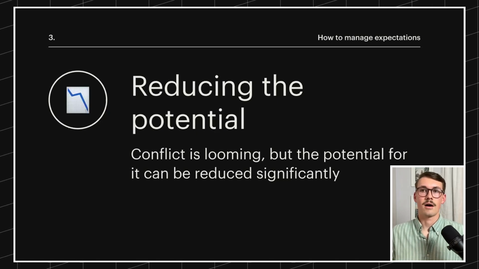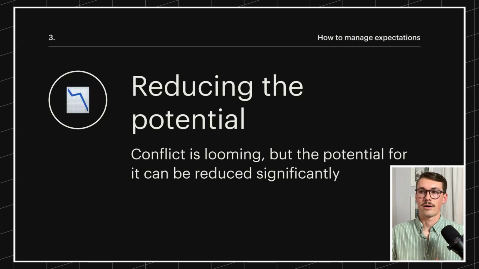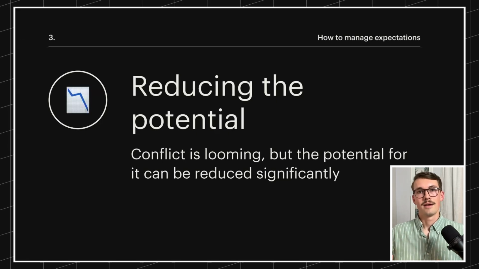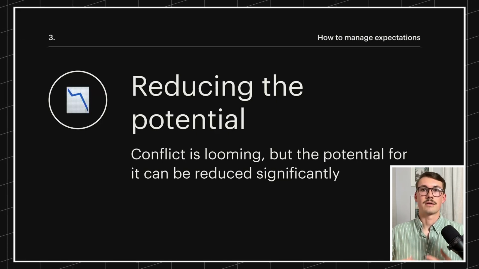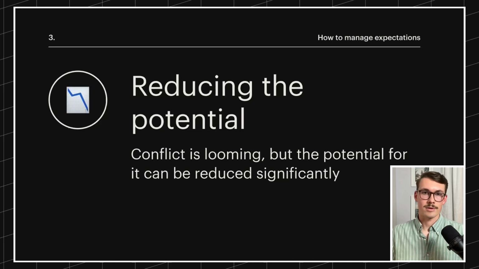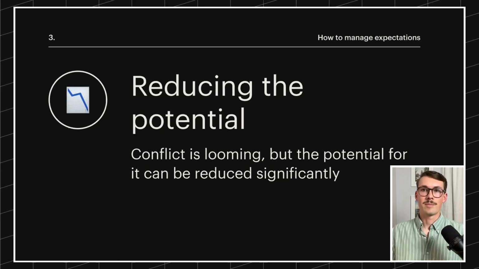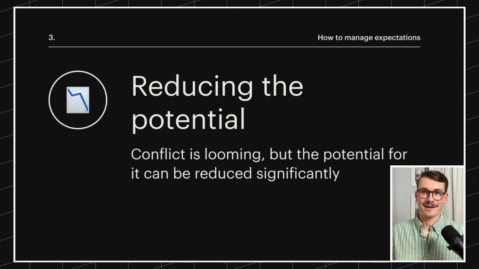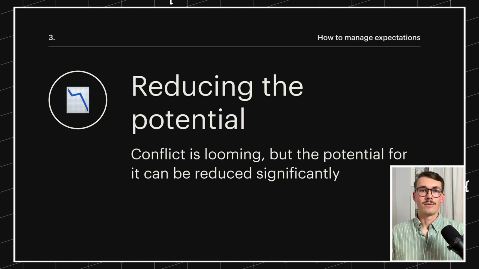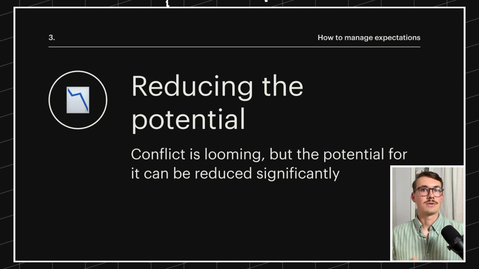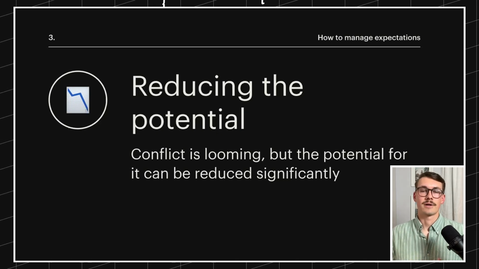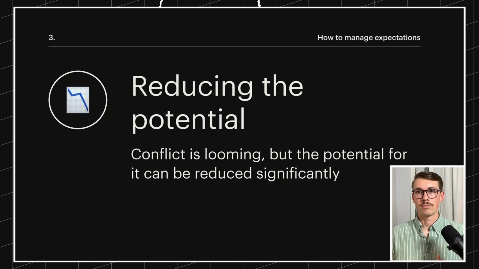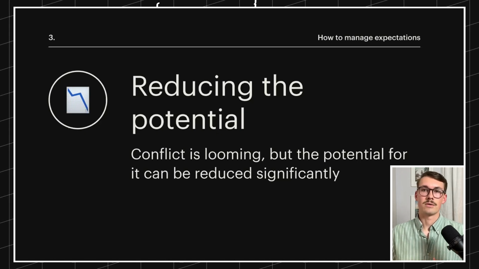We know from looking at the definition that conflict is inevitable. It's going to come. It's pretty much promised. Wikipedia said it's always found in society, which is kind of scary, but it's okay. So what we can do is actually reduce the possibility of conflict coming our way. So here are a couple ways that we can do that.